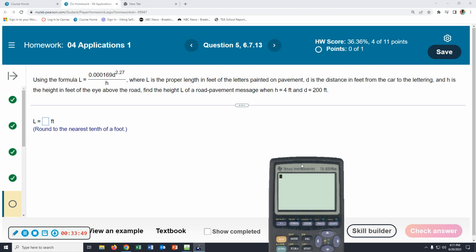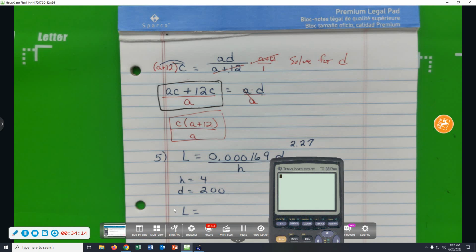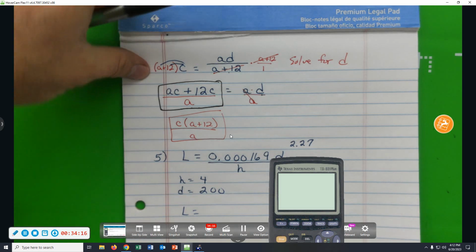Find the height L when, and they just tell you, H is 4 feet, D is 200 feet, plug this in for L. Plug this in and find L. So, okay. Let me lift this up.